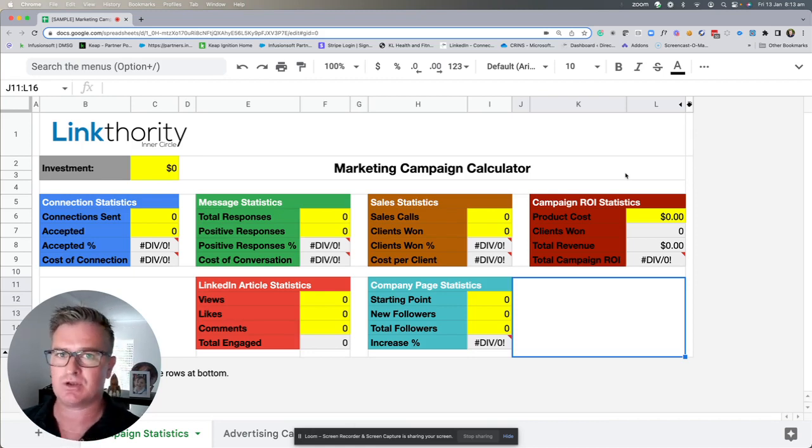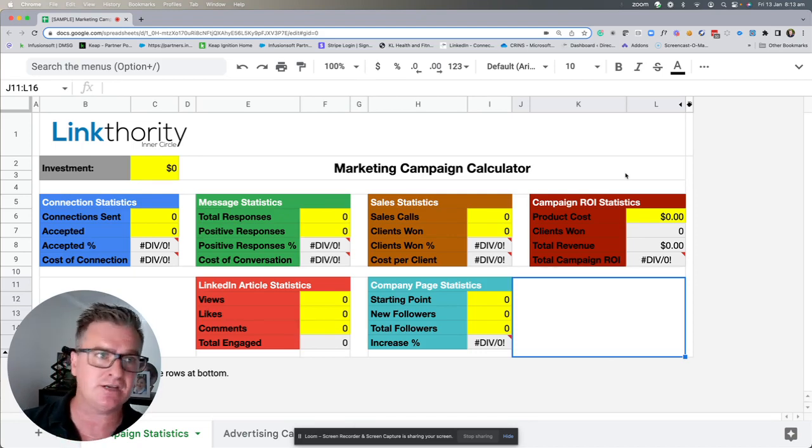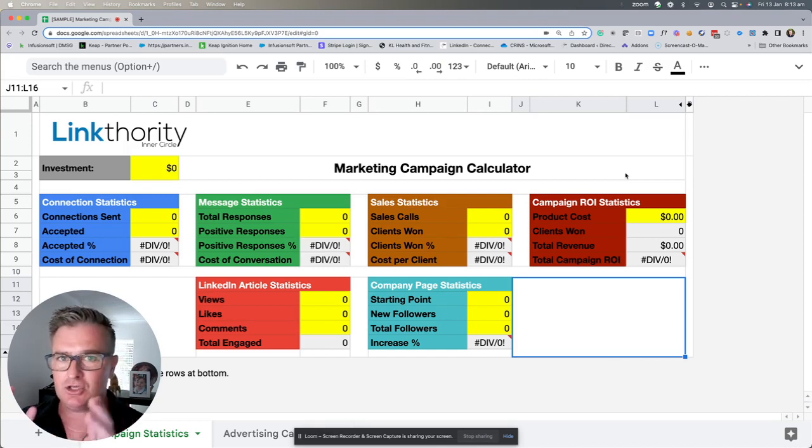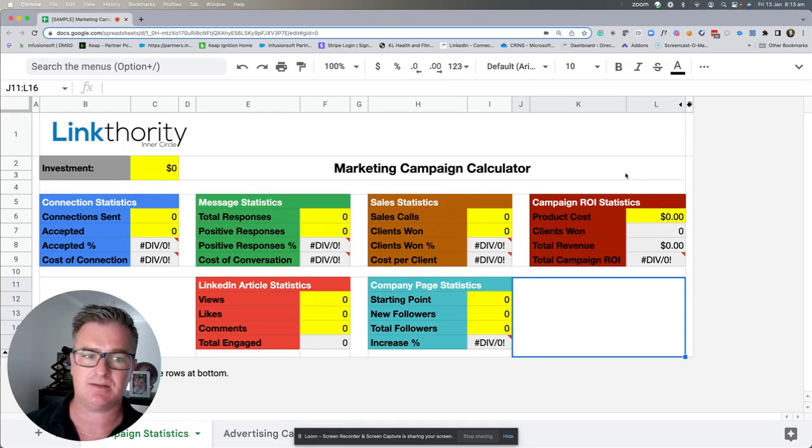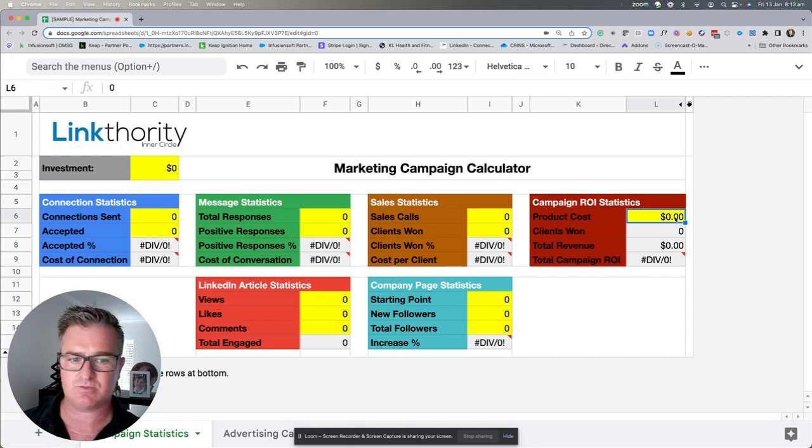So if I was to bring on a new client, maybe as a local service-based business, maybe a gym, maybe a manufacturing business, whatever that might be in your case, what is a new client worth to me annualized in that first year? So we want to put this in here.